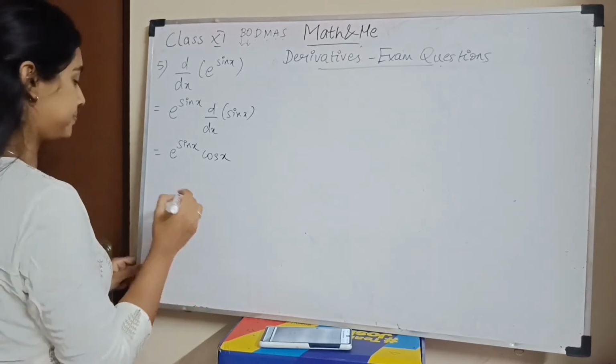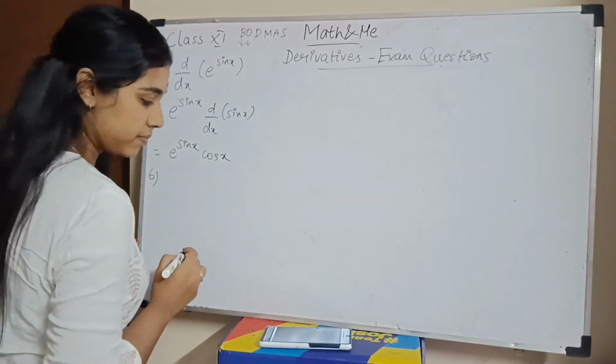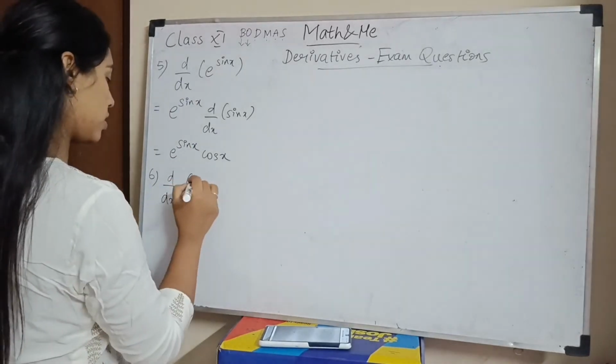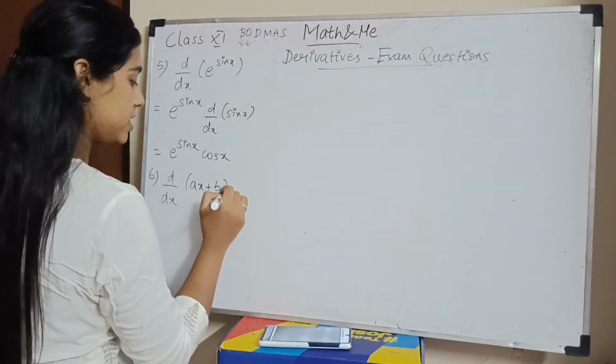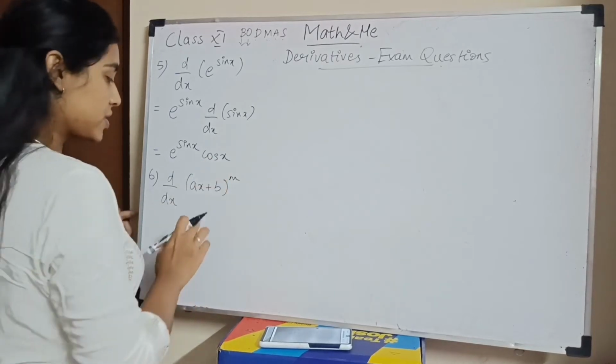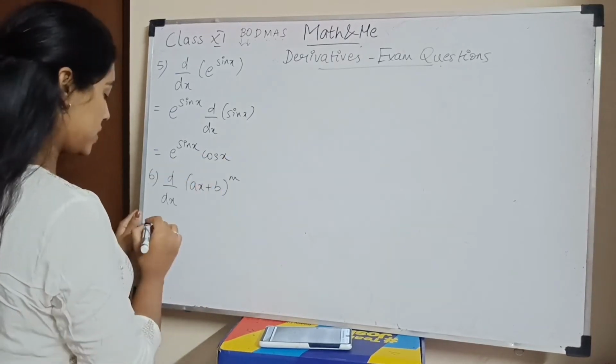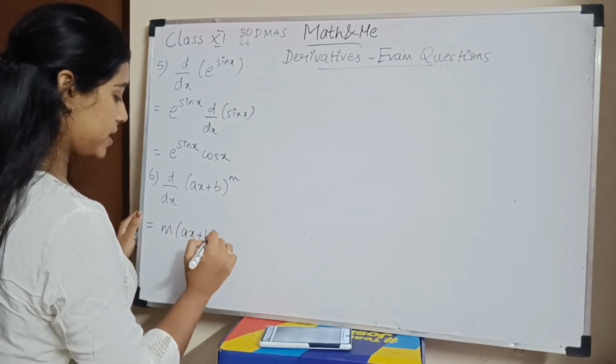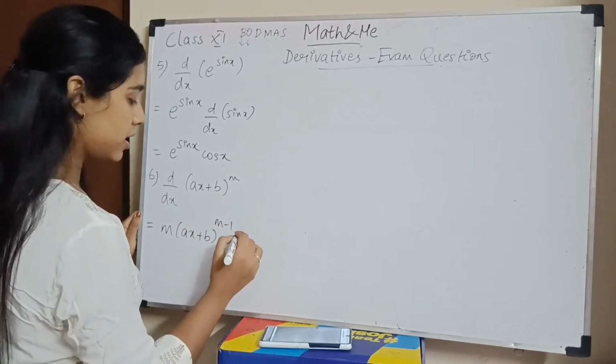Okay. Next question. d by dx of (ax plus b) to the power m. So it is of the form x to the m. So what do you get? m (ax plus b) to the power m minus 1.